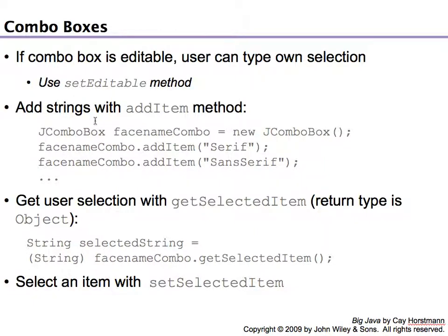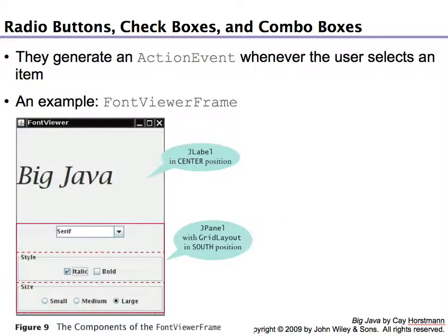You can add strings to the combo box by calling the addItem method. So you create the combo box object and use addItem to add items to the combo box. And you can always get which item got selected by the user by calling getSelectedItem. You can also set a selected item, maybe in the load or something, by calling setSelectedItem.